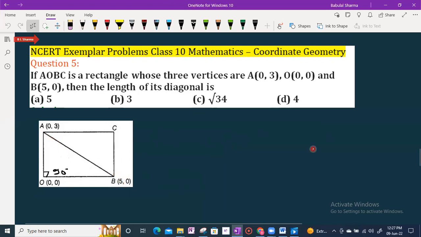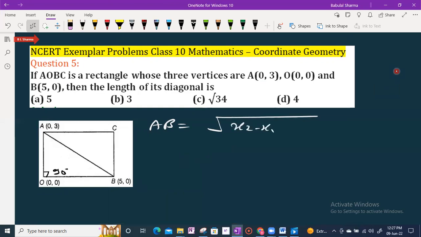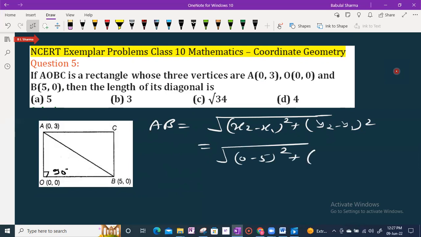So using the distance formula again, you can again use the formula, that is (x2 minus x1) whole square plus (y2 minus y1) whole square, 0 minus 5 whole square plus 3 minus 0 whole square.